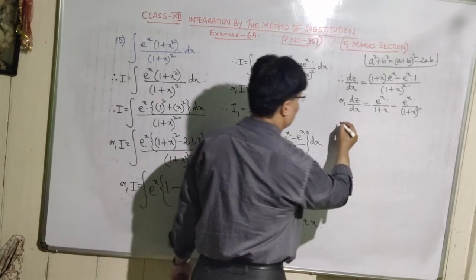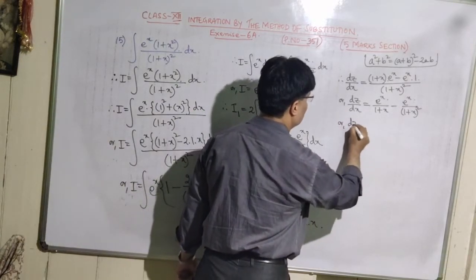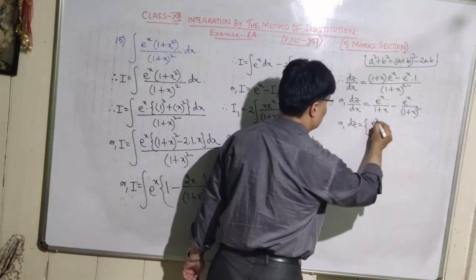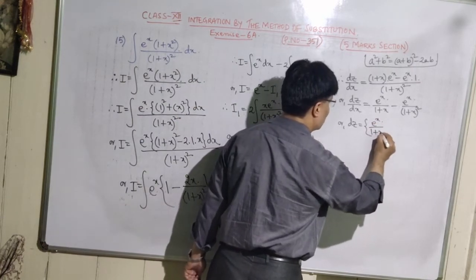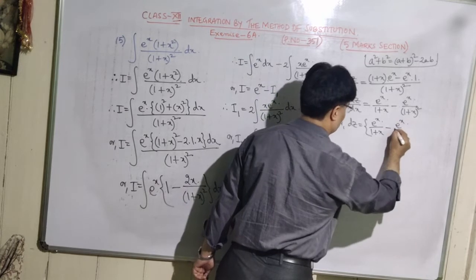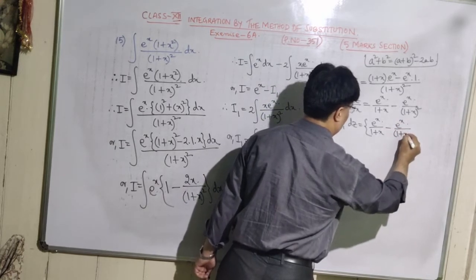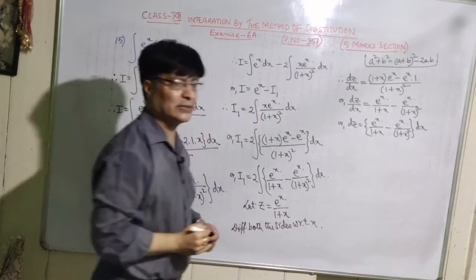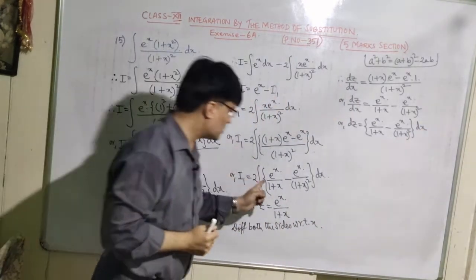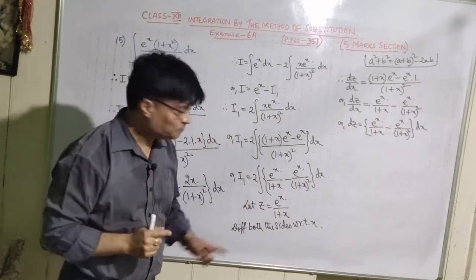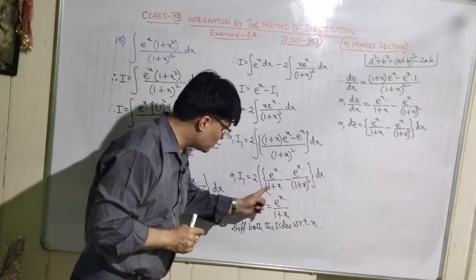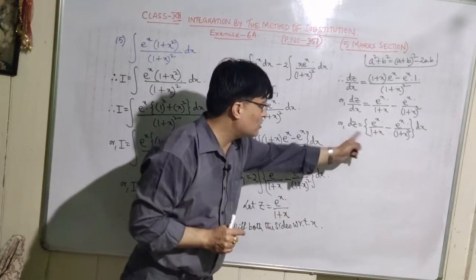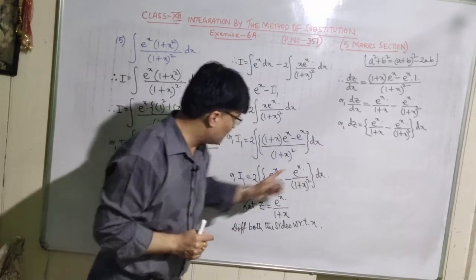Now cross multiply by dx, so dz is equal to, within the second bracket we write e to the power x upon 1 plus x minus e to the power x upon 1 plus x whole square, dx. That is, we have got the value of this expression: e to the power x upon 1 plus x minus e to the power x upon 1 plus x whole square, within the second bracket, dx is equal to dz.